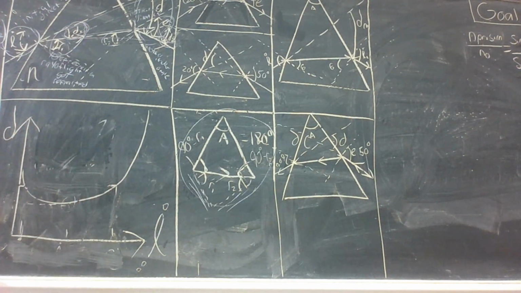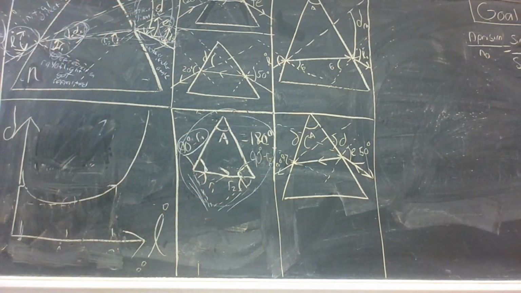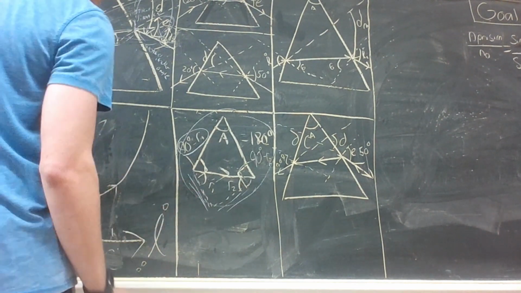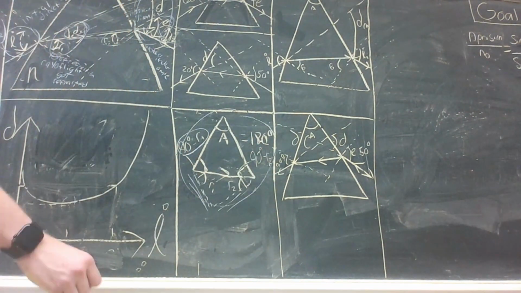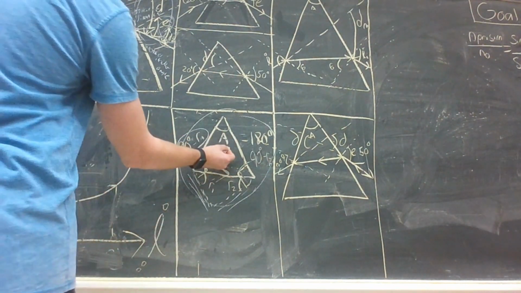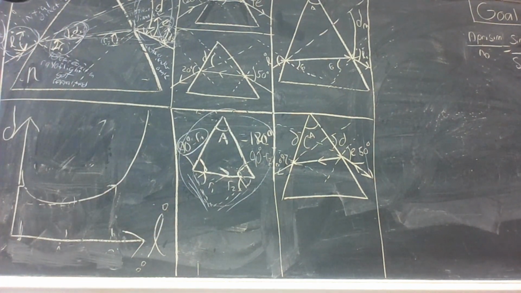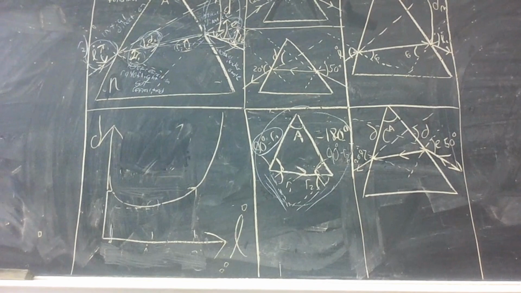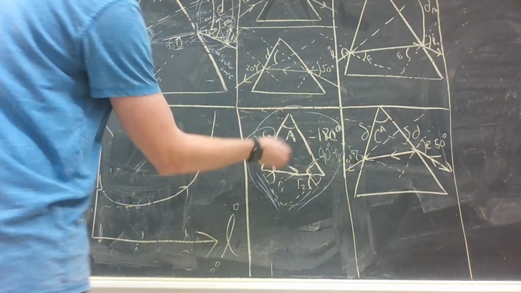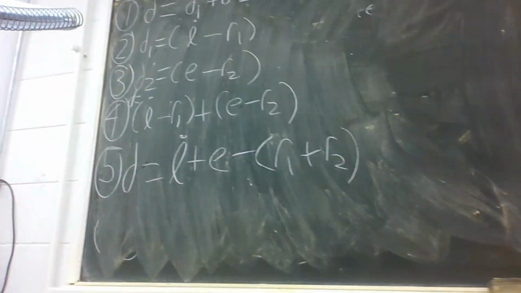So this is 90 minus R1 for the incident refraction angle, and 90 minus R2 for the emergent refraction angle. This is all equal to 180, and we're going to call it A. That variable represents R1 plus R2, and we'll write that over here.